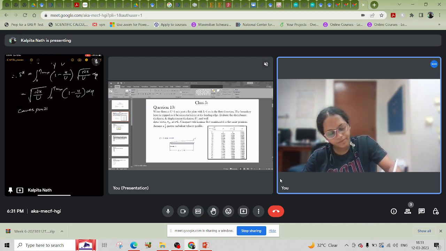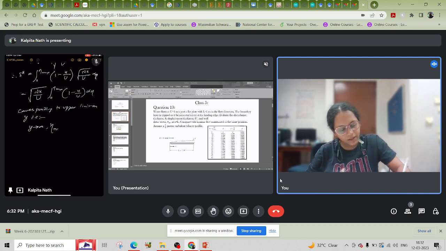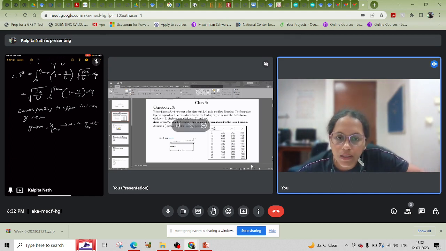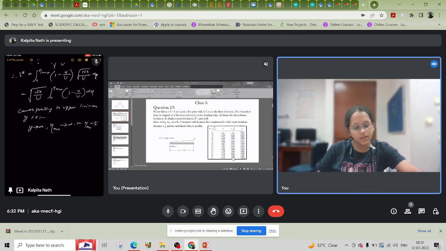Corresponding to the upper limit on y, that is y tends to infinity, eta max tends to infinity, or eta max is equal to 5, as given in the question.